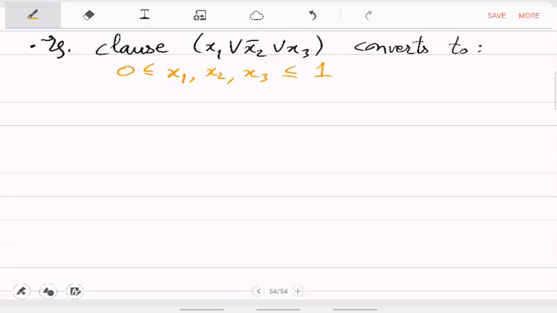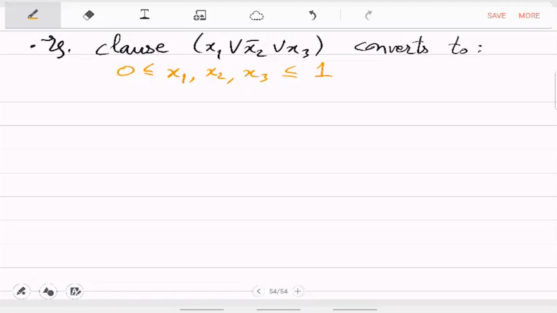Next, we want to make sure that at least one of x1, 1 minus x2, x3 is 1. So we just write that down: this is greater than or equal to 1. Okay, that's the integer programming system that we have written.